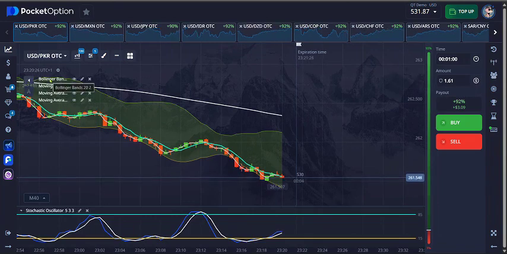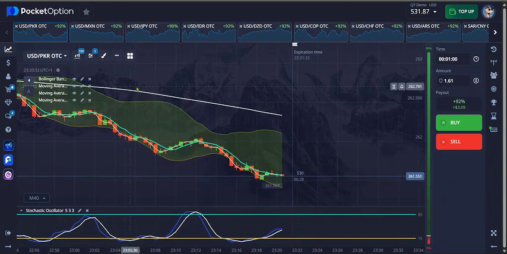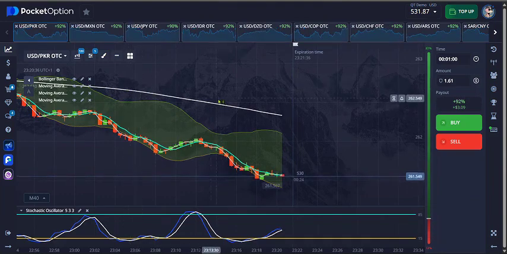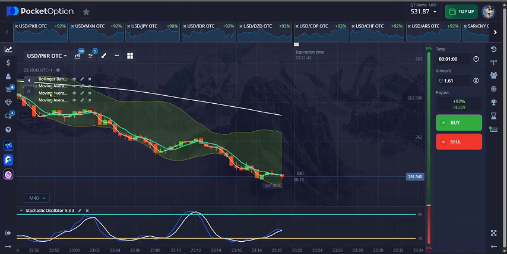I'm using the Bollinger Band. I have about 3 moving averages here. A moving average of 100, which is this one here, the white one. This moving average shows me the overall trend, the overall market direction. Then we have the moving average of 5 and the moving average of 2. All of them are smooth SMA.